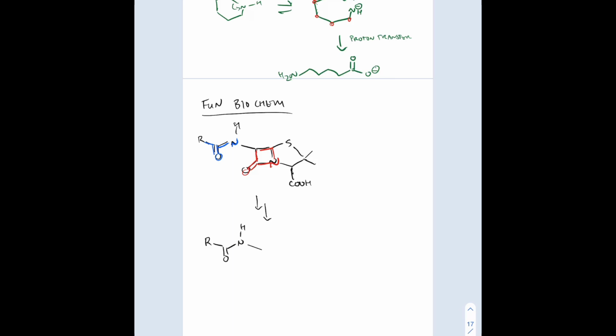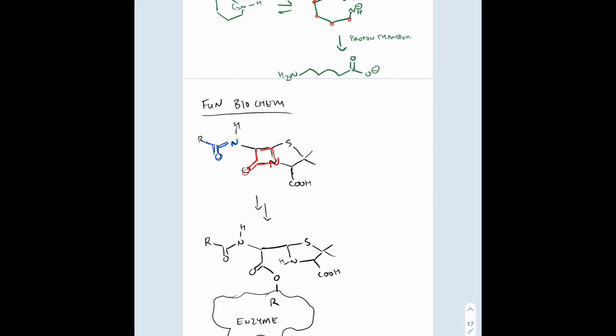And so this is actually the way antibiotics work. If we have an antibiotic in the presence of an enzyme, and that enzyme is making up the glycopeptides or the cell walls of bacteria, then it reacts with amides. And if we have this beta lactam present in the antibiotic and it reacts with the enzyme and binds pretty strongly, then that enzyme can no longer do its job of creating the cell wall of the bacteria.